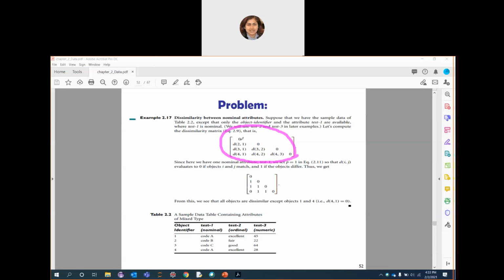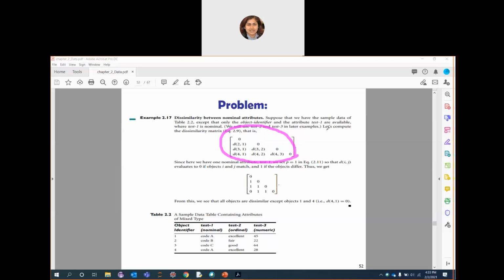For the first object, between the same object, the similarity is highest, so the dissimilarity measure will be 0. Likewise for the second object, compare the row and column i, j. If you are considering the same object, the dissimilarity will be 0 because they are the same. Because of that, you have the diagonal values as 0.